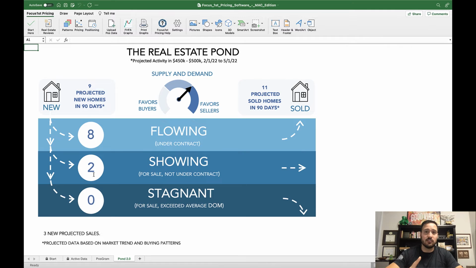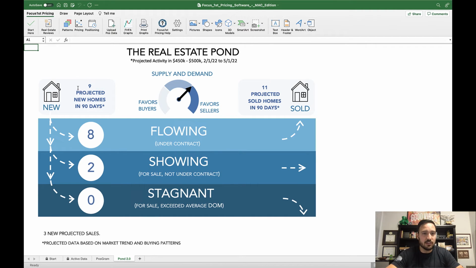Now, the fact that they're on the market and they're showing and they're for sale and not under contract does kind of mean that maybe they're not going to sell quite as fast as the ones that are right under contract. But they could also be very new. So what that means, though, is if we got on the market, we might be able to take up that last spot.